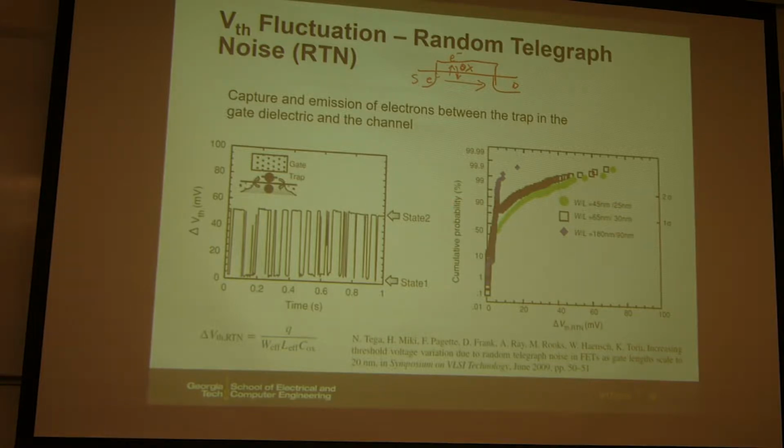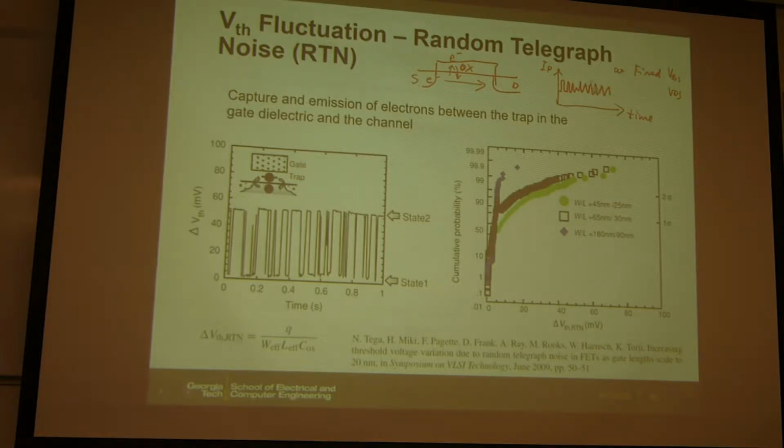So that means if you have a constant drain voltage, you measure the drain current as a function of time, then the drain current will have this kind of fluctuation, ID versus time, at a fixed VGS and VDS. Then the current will be something like this.